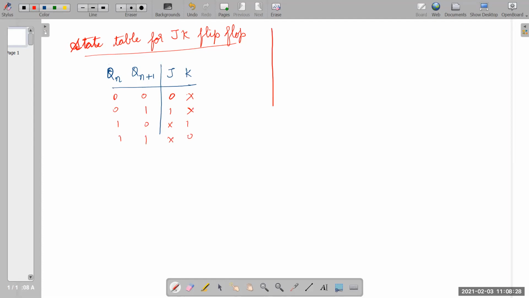This is the state table for JK. This is the state table for T flip-flop.